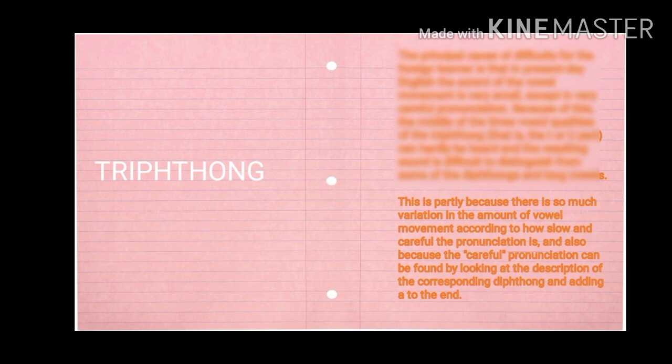This is partly because there is so much variation in the amount of vowel movement according to how slow and careful the pronunciation is, and also because the careful pronunciation can be found by looking at the description of the corresponding diphthong and adding to the end.